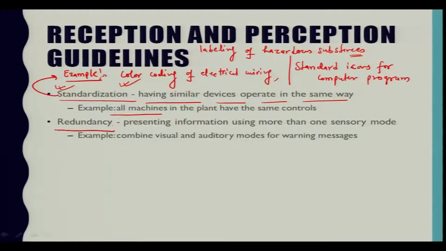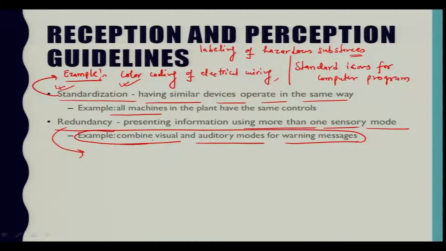The second is redundancy. In redundancy, it is sometimes important to present information using more than one sensory mode. The combination of visual and auditory modes for warning messages is a very good example.